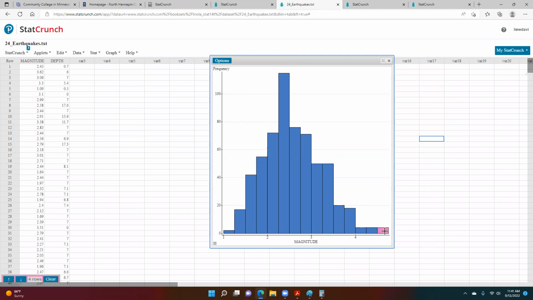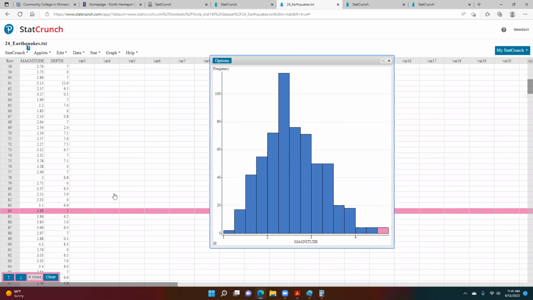There are 4 rows of this histogram. So 4.69. So we know that 7 is a little bit far away from the histogram here. That's the reason why we can tell that 7 is an outlier, because it is far away from the rest of the data set. So we're using the histogram to look at it.